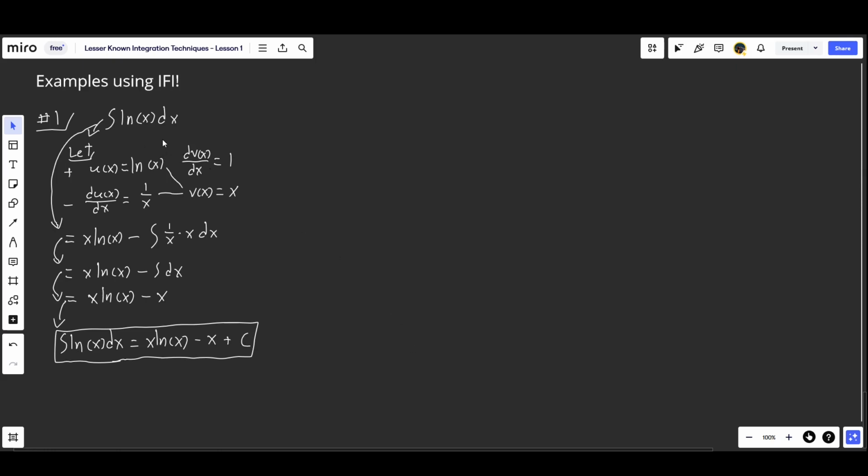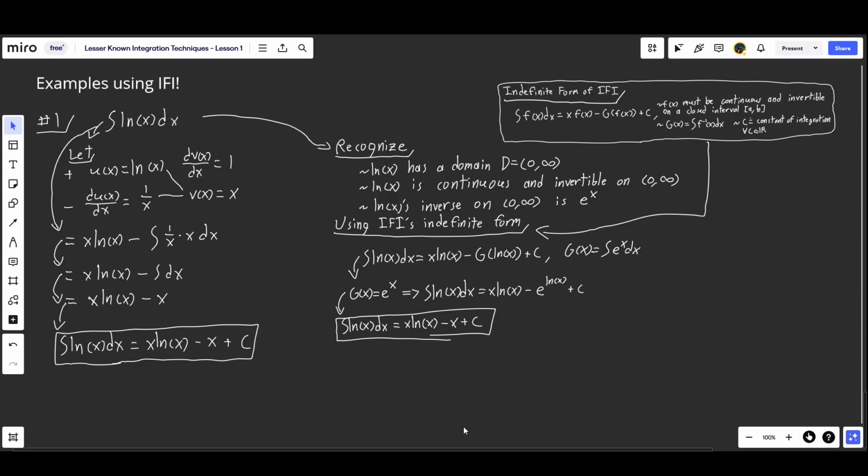This indefinite integral is not too terrible to work through, and it can be handled perfectly well using integration by parts. However, let's take a look at what it would be like if we used inverse function integration instead. To start, let's recognize that the natural log of x has a domain from 0 to infinity, excluding 0.